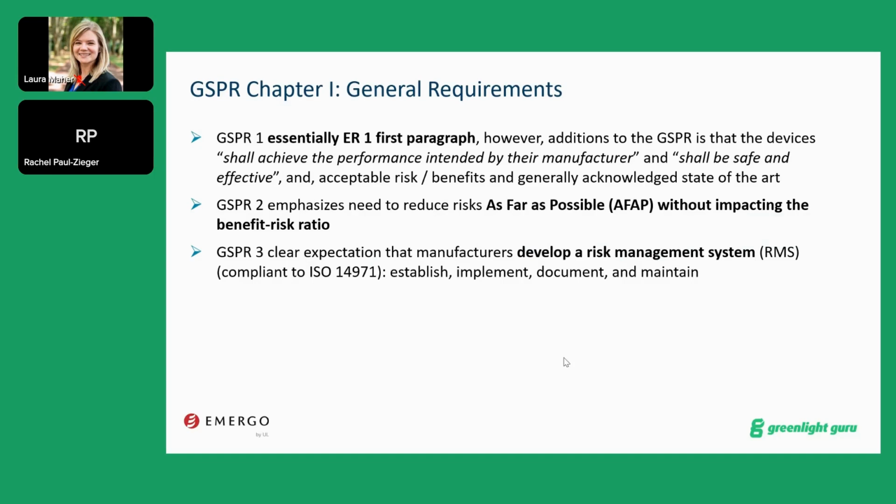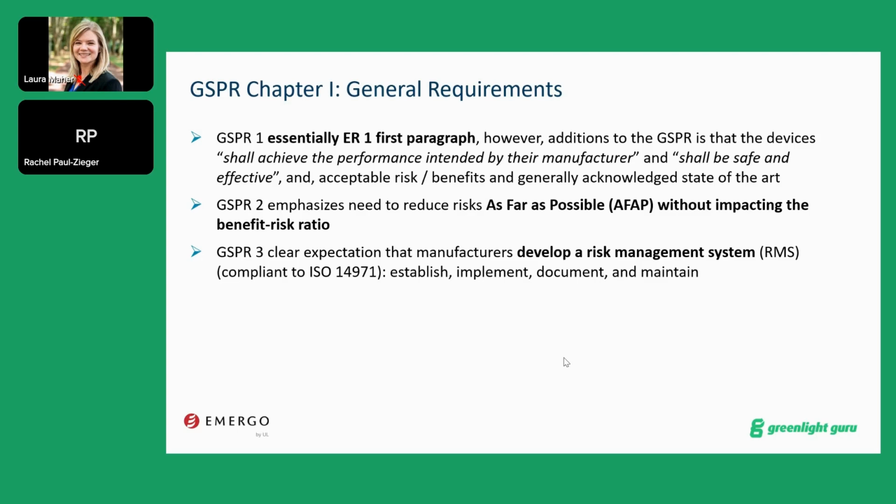So what about the general requirements? If we look at the general requirements section of the GSPR, at a high level, it can be said that the first GSPR is essentially the essential requirement number 1. So there are some additions, but they are essentially the same.